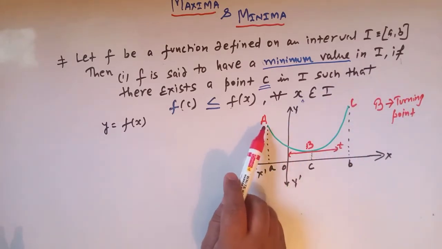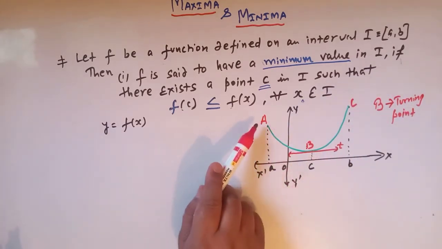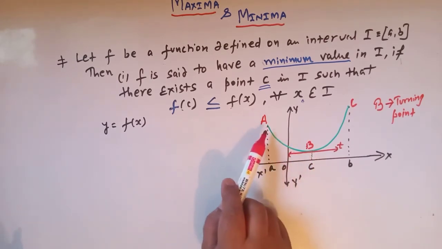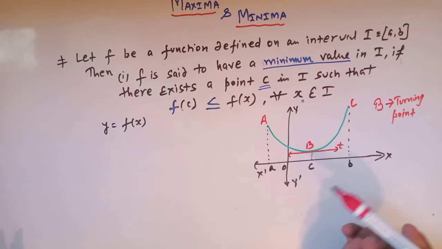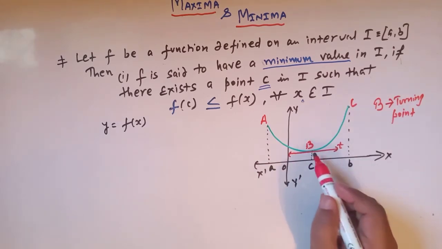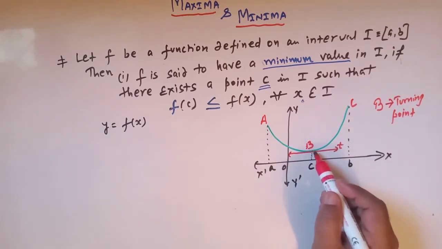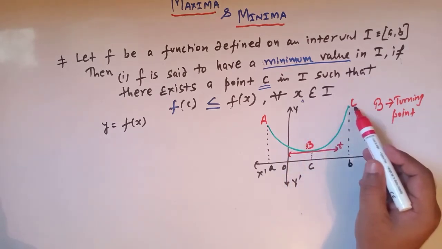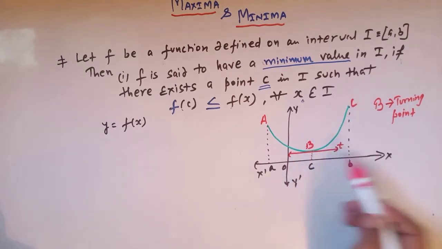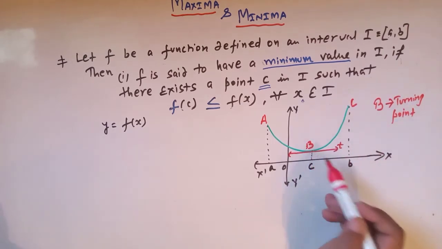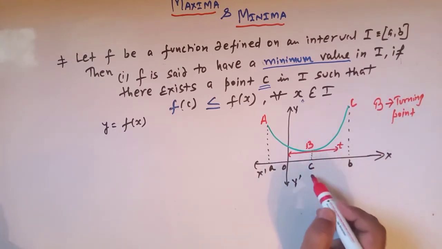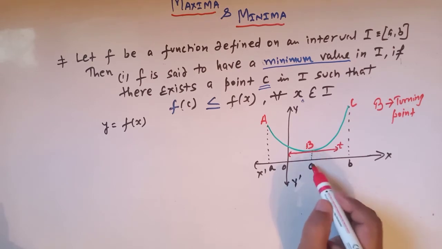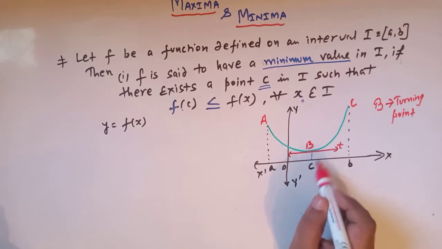As the graph approaches from A to B, it is of decreasing nature, and after reaching this point B, the graph starts increasing towards this point C. So this point B is the turning point, and this point C is known as the point of minimum.